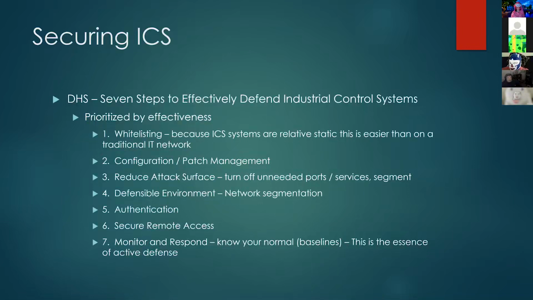I actually disagree with this a little bit, but whitelisting, I know a lot of people don't like that because it's difficult, but on ICS networks, you have a much smaller set of software and protocols, or operating systems, that sort of thing, that you're dealing with. So it becomes easier.